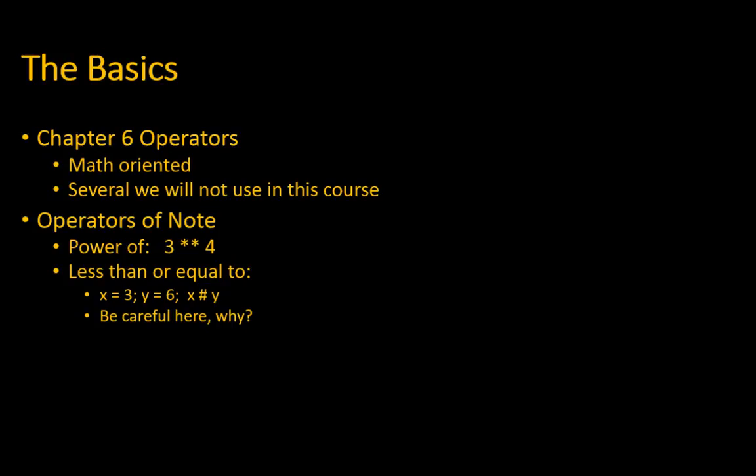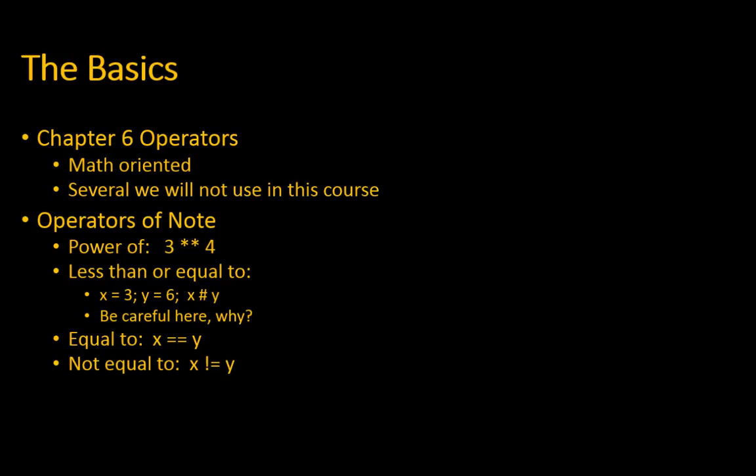Next, we'll take a look at less than or equal to. In our example, x equals 3, y equals 6. In Python, we indicate less than or equal to with the pound sign. We need to be careful here. Why? Finally, when we have two objects equal to each other, we use a double equal sign.